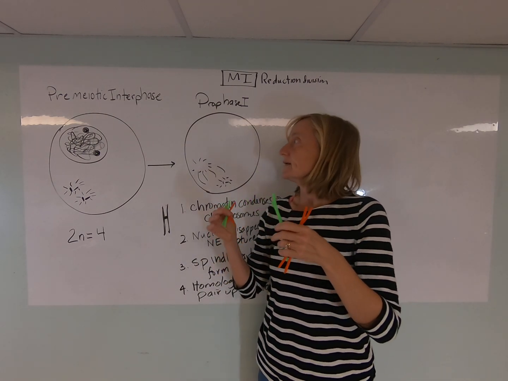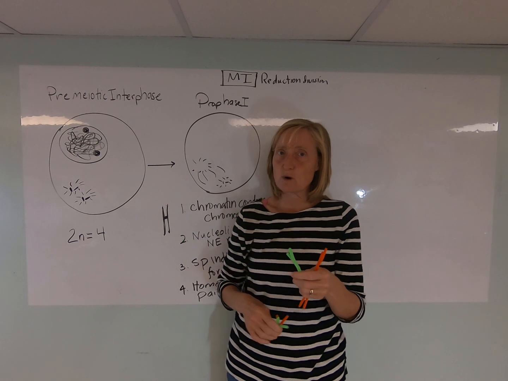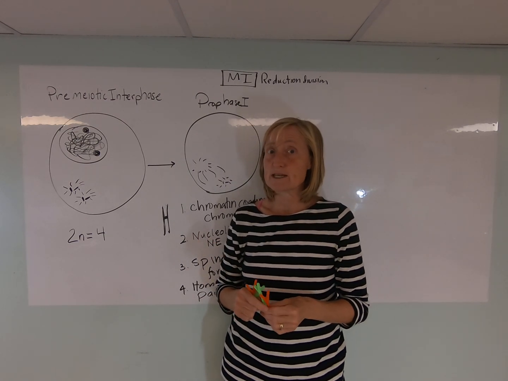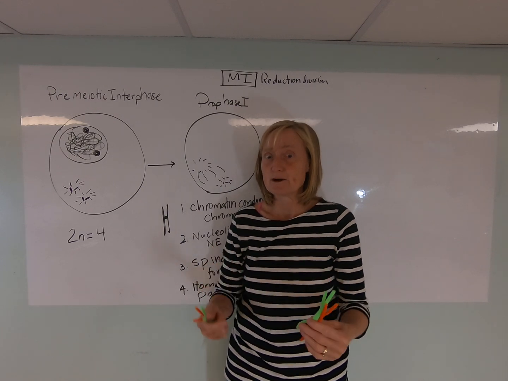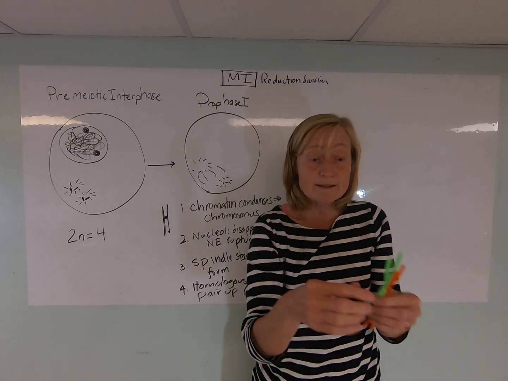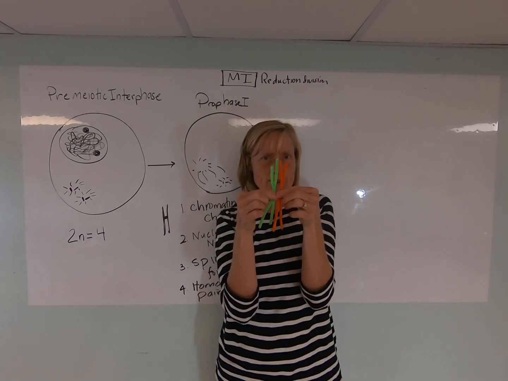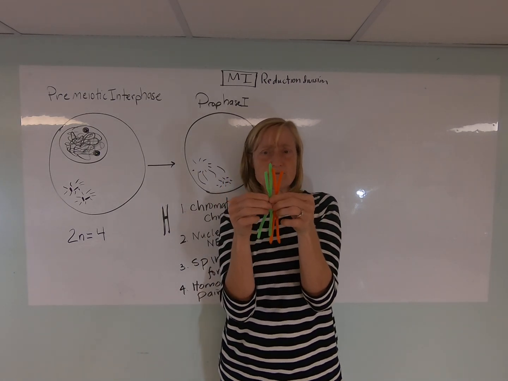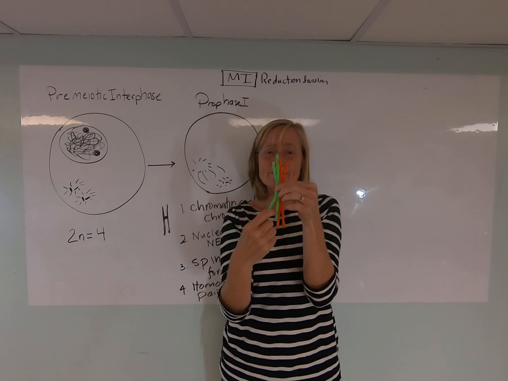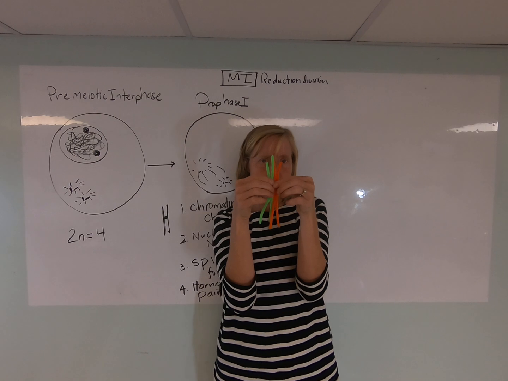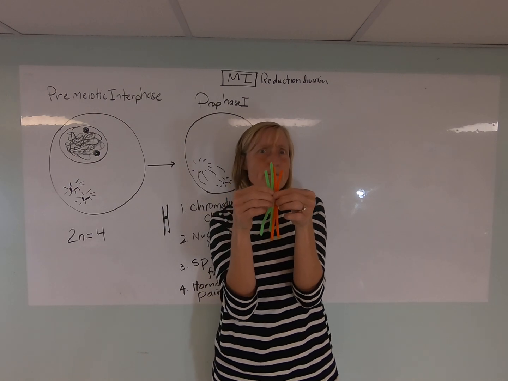Now what happens in prophase 1 of meiosis 1 is homologous chromosomes pair up. Homologous chromosomes, remember, are those that have the same size, the same shape, and carry genes for the same traits. They come together. There's a complex of proteins called the synaptonemal complex that helps to zip these homologous chromosomes together.